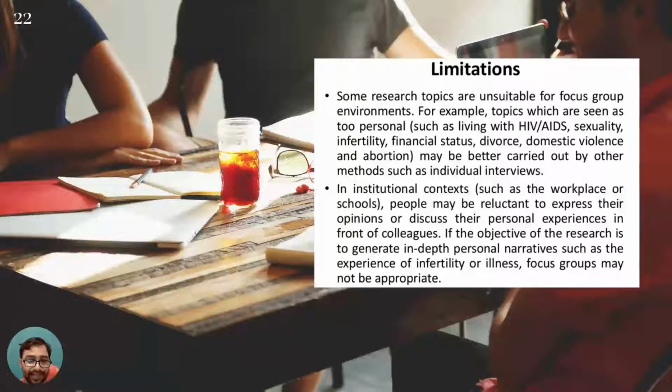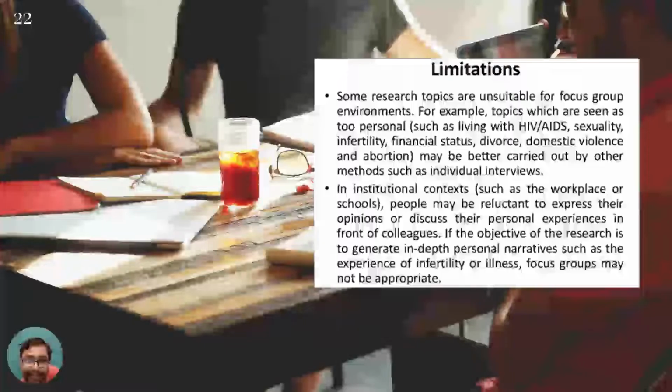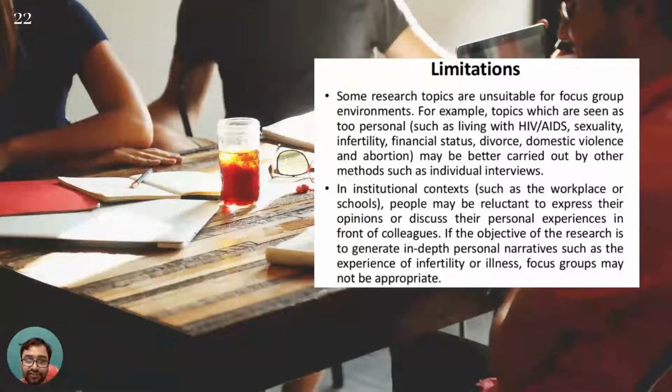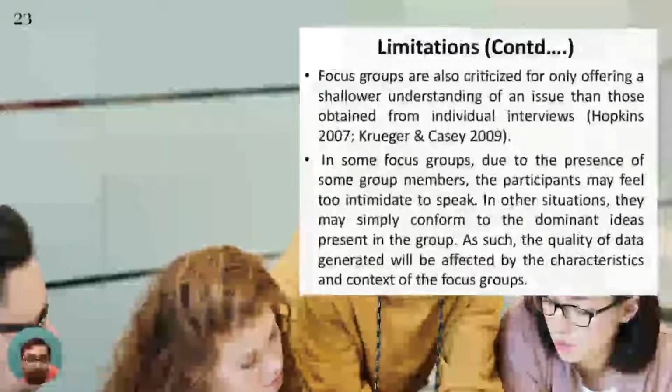For example, HIV, sexual knowledge, fertility, financial status. We should try IDI for these. Personal experience in front of colleagues and negative ideas are not allowed in FGD. That is the focus, and avoid these things in an FGD.